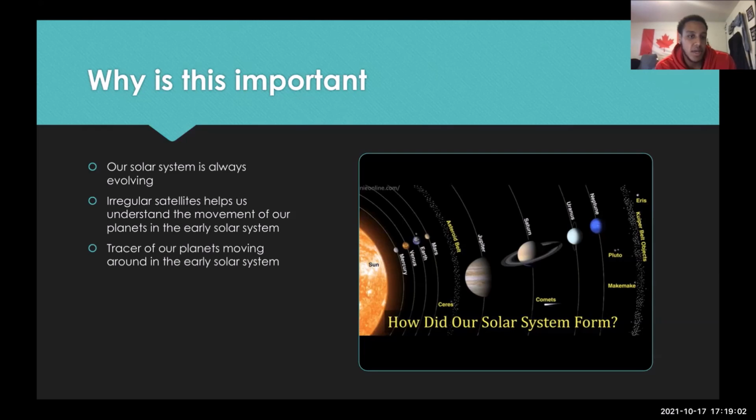That's the main reason why we think this is important, because of the capturing of these small bodies at random points. So it's kind of like a tracer of how our solar system came to be what it is today.